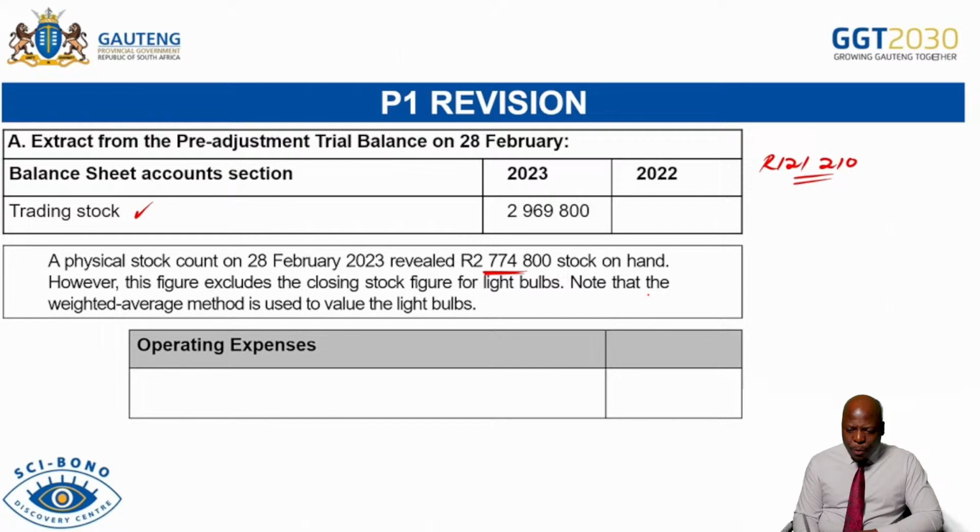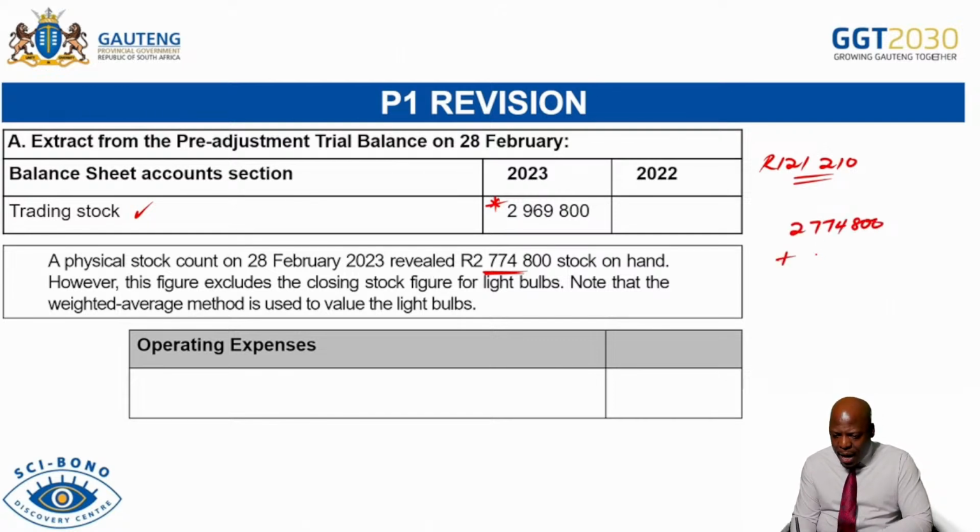All right. So if I come here and I'll say the stock that I am having according to the business records, that is your 2 million. So I'm going to come here, then I will say I have 2,969,800. This is what I have according to the business records. But according to the stock on hand, I have my 2,774,800. And then I'm going to add my 121,210.